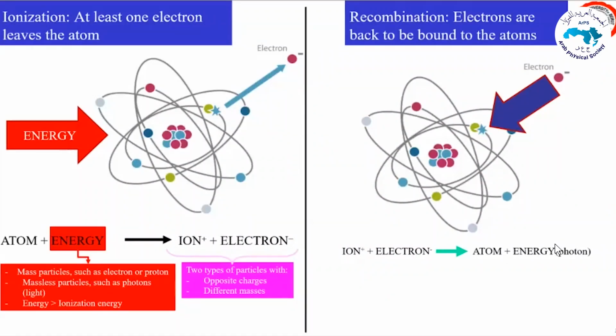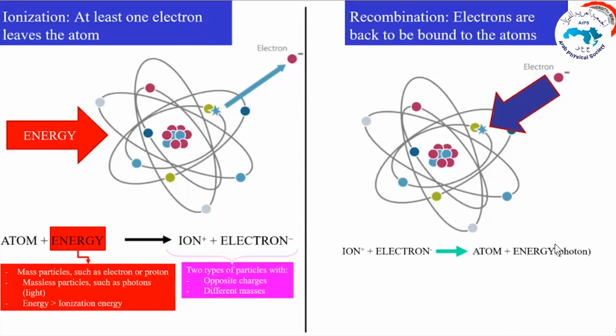These are the two major components when we make plasma. One is ionization, where we give energy, and the other is recombination, which comes naturally. We don't need to do anything; the electron will come naturally back to the ion.